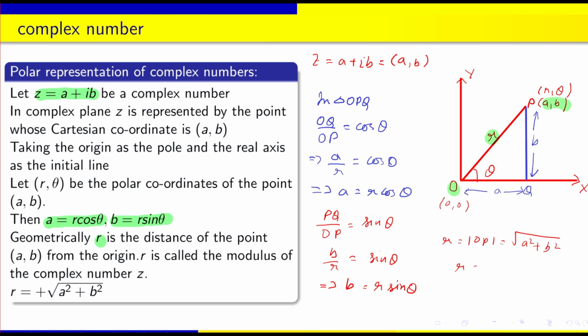So r is equal to plus the square root of a squared plus b squared. This r is positive because r is a distance. This r is called the modulus of the complex number z, and r = +sqrt(a² + b²).